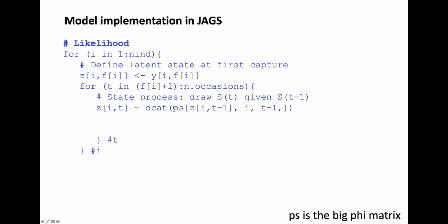It takes just a vector of probabilities. Like I said before, it's a row of the transition matrix, the big phi matrix. Remember, we did that. And so this is what I am doing here. This PS here is just the big phi matrix.